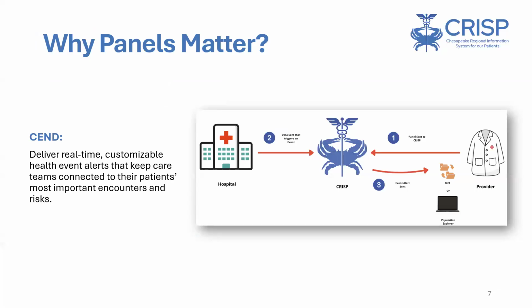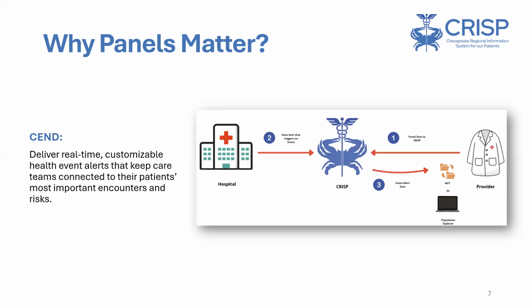I alluded to this earlier, but one of the core functions of panels is to support our CRISP event notification delivery. This helps deliver real-time, customizable health event alerts to keep care teams connected to their patients in the most important encounters and risks.